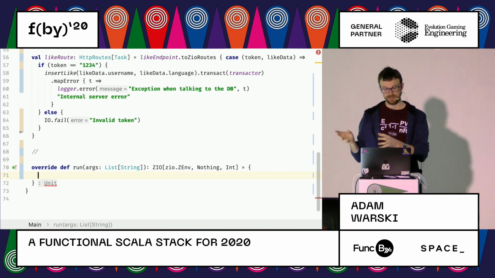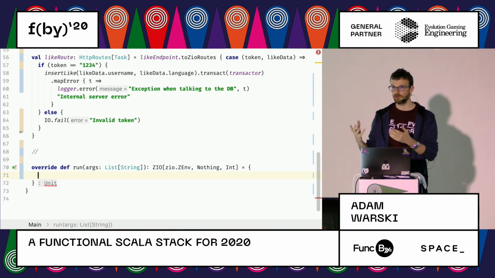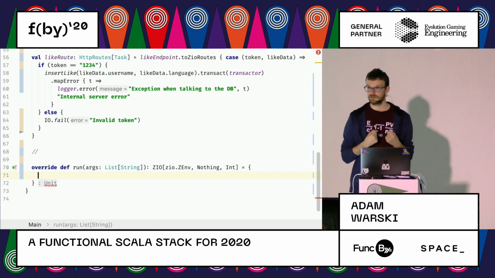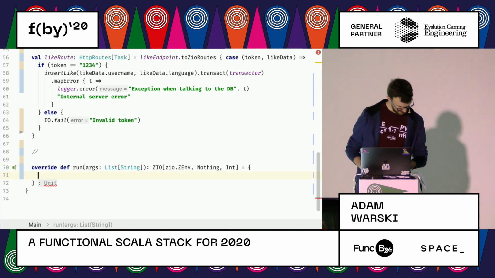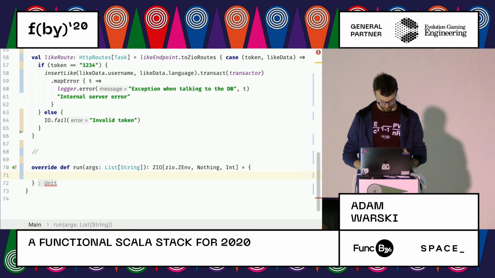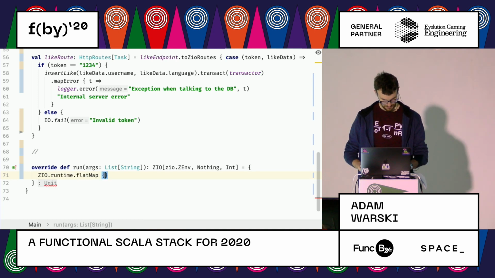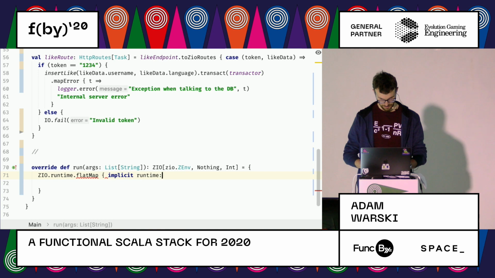What HTTP4S needs, for one of the components, is a thread pool on which to handle the connections and so on. So we need to take ZIO's thread pool and provide it to HTTP4S, and that is done by extracting the ZIO runtime, ZIO.runtime.flatMap. So we extract the runtime, and it's an implicit value, Runtime[Any].